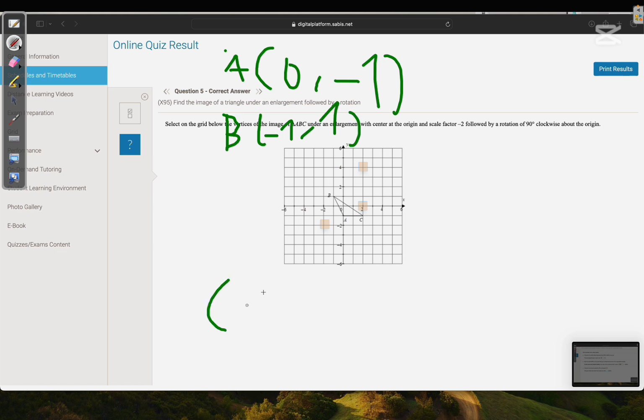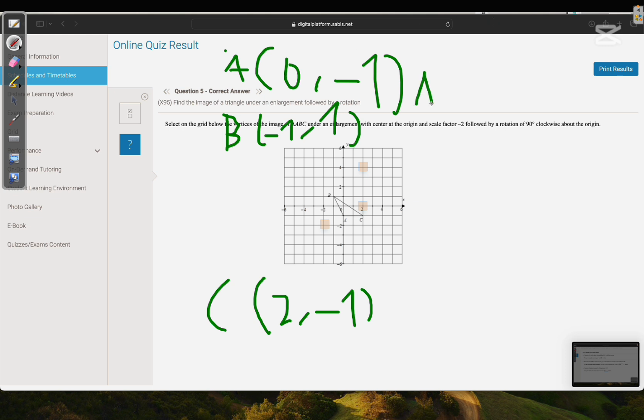And C is 2, -1. Since they said first there's an enlargement with the center at the origin and scale factor -2, we multiply both x and y of each of the points by -2.